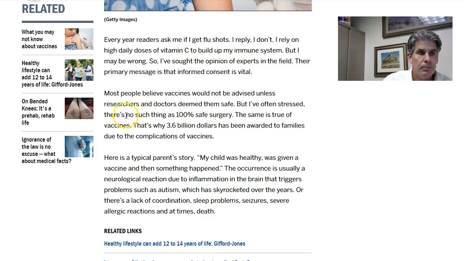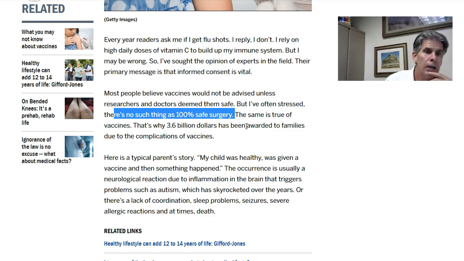He also brings up there's no such thing as a 100% safe surgery. And of course there isn't. There's no 100% safe vaccine. There's no 100% safe surgery. There's no 100% safe anything. And one of the things he's doing is not talking about the trade-off. If you get the vaccine, there are some risks associated with it.